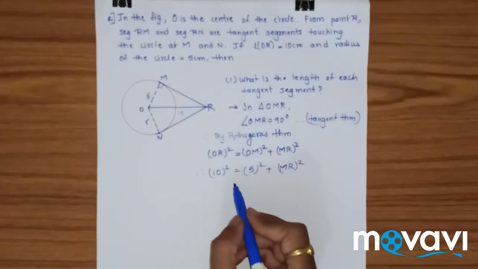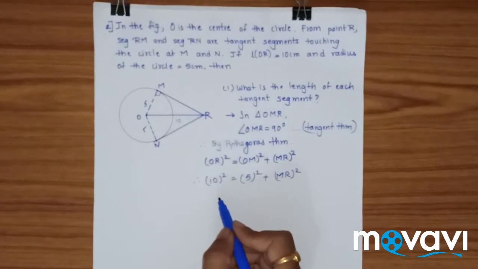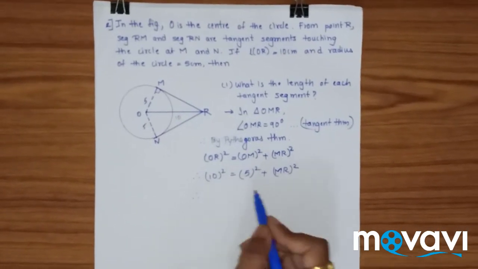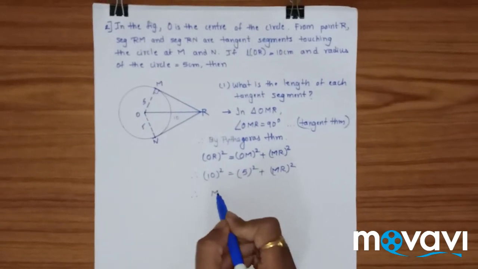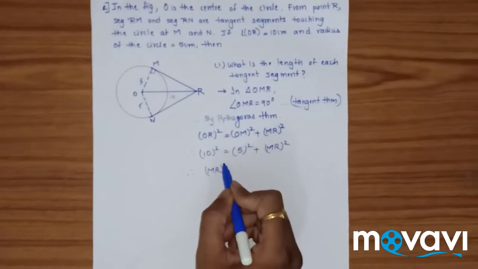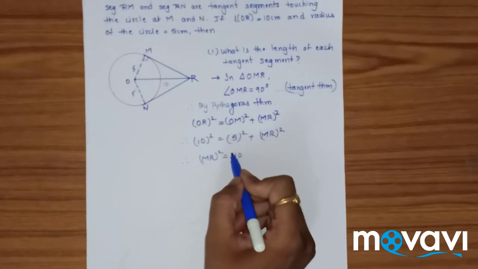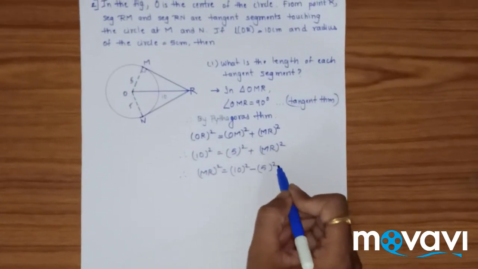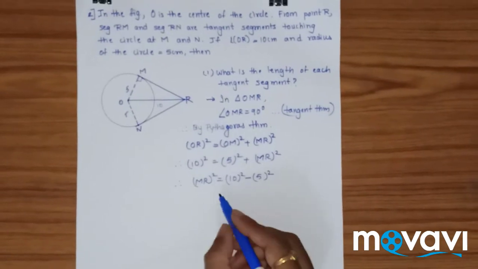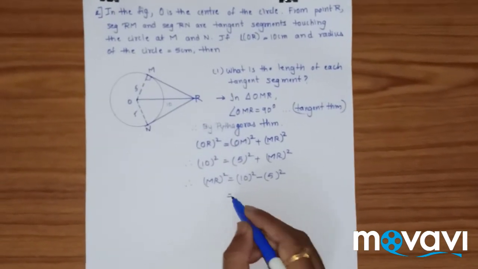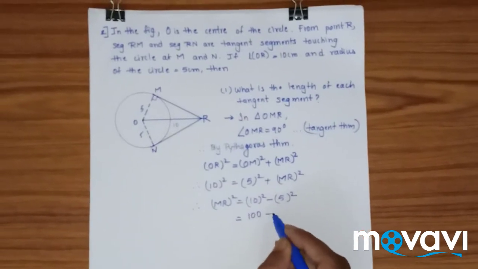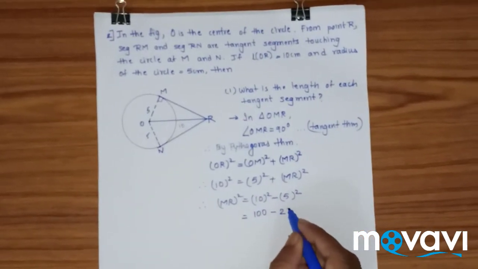Okay. So now I will keep MR on one side and I will take 5 onto the other side. Only thing is I will write it like this. MR square is equal to 10 square minus 5 square. Now what is 10 square? It is 100, minus 5 square is 25.